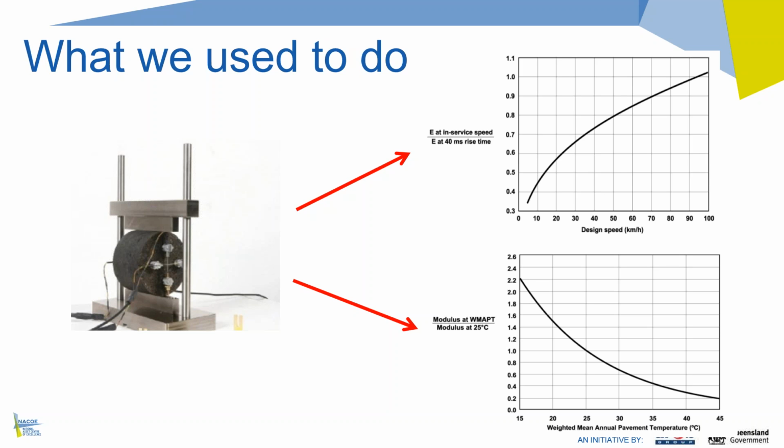We're using the relationships shown on the right of this slide, and those are in off-roads. So basically we're extrapolating the results from a single test, a single data point, and predicting the resilient response of that material over a whole range of loading speeds and temperatures.